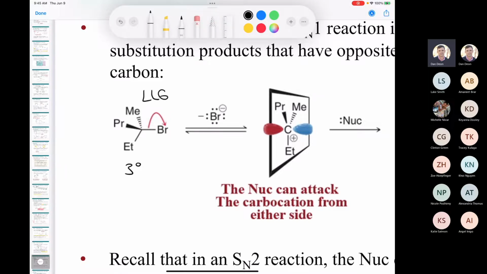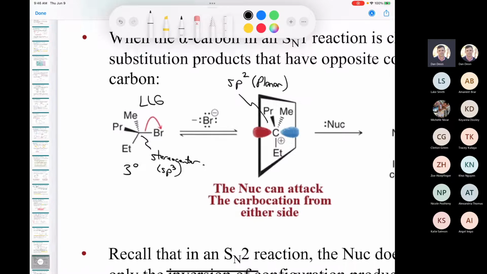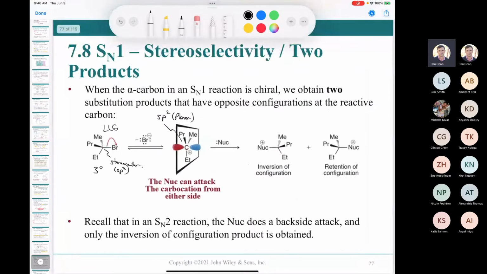Well, if you have a tertiary alkyl halide, and the alpha carbon is a stereocenter, then you're going to go from a carbon that's sp3 hybridized to forming a carbocation, which is sp2 hybridized. What do we know about sp2 hybridized carbons? They're planar. So this is planar, and thus the nucleophile can come in and it can attack from either side.